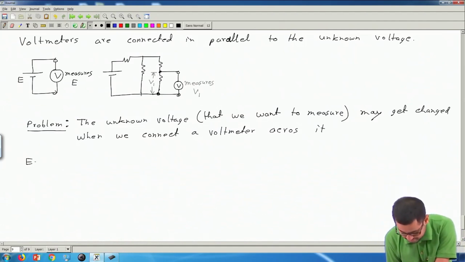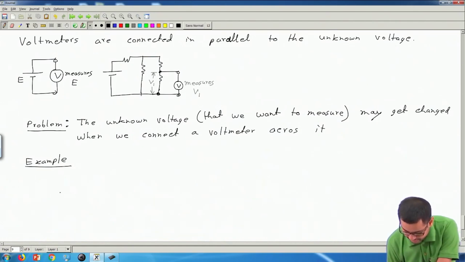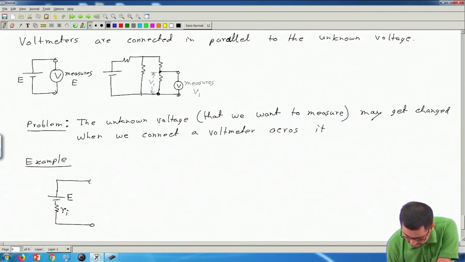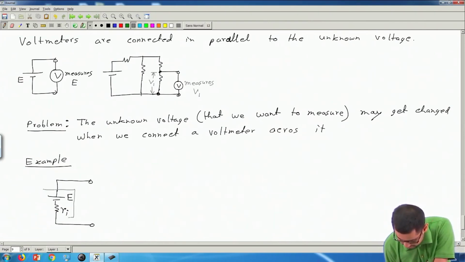So let us take a small example. Let's take a simple battery just like this with some internal resistance Ri. This is a battery with EMF E, and Ri is the internal resistance of this battery. This is a battery or cell, a voltage source. Now what is the EMF between these two terminals?